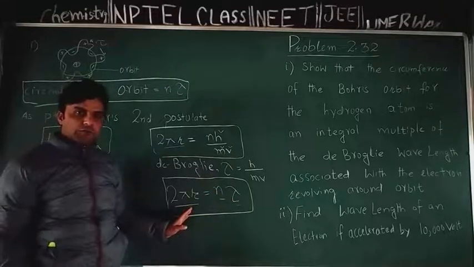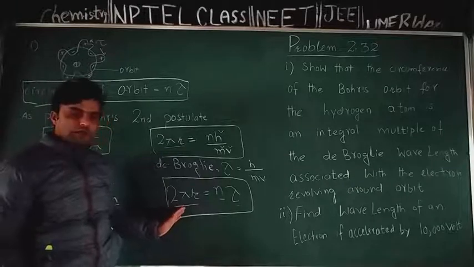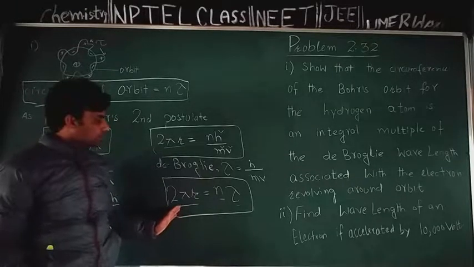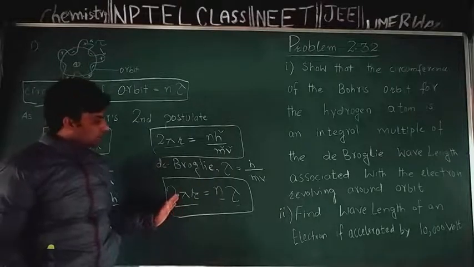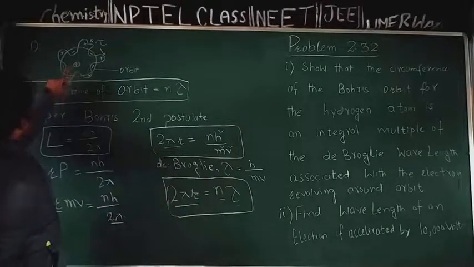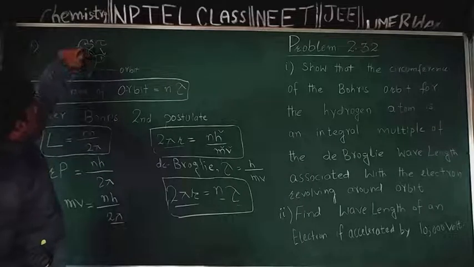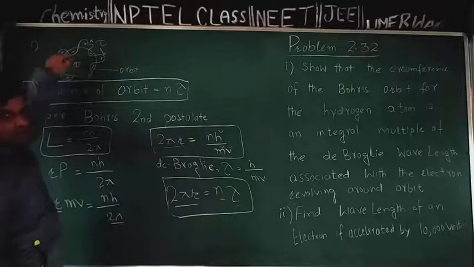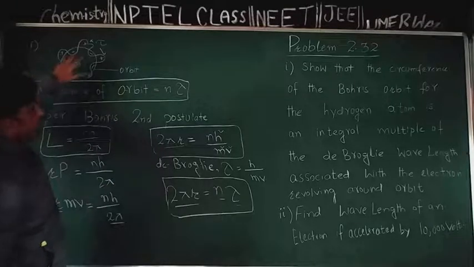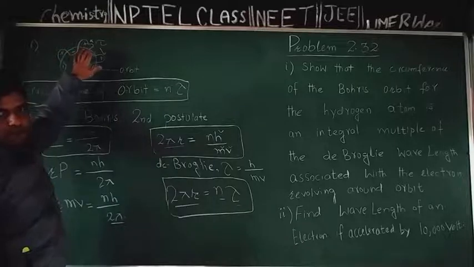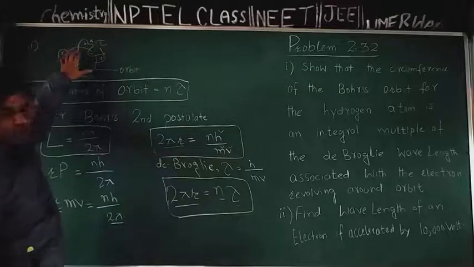And one more significance, when this condition is satisfied by an orbit, is that the electron wave in such an orbit remains continuous. No break in the electron wave occurs.